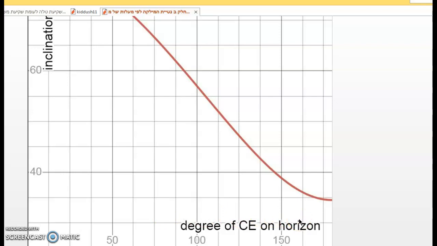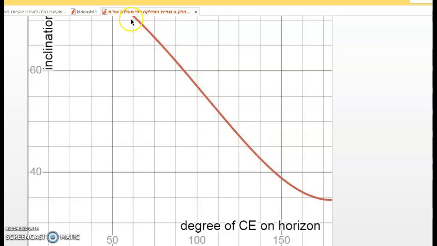So we have to somehow first find out what degree of the celestial equator is on the horizon. And we can do that through the previous chart. At any given degree of the celestial equator on the horizon, you can know what the inclination of the ecliptic is.